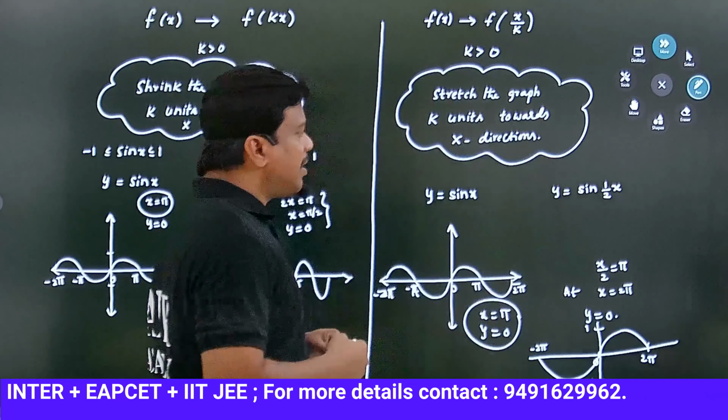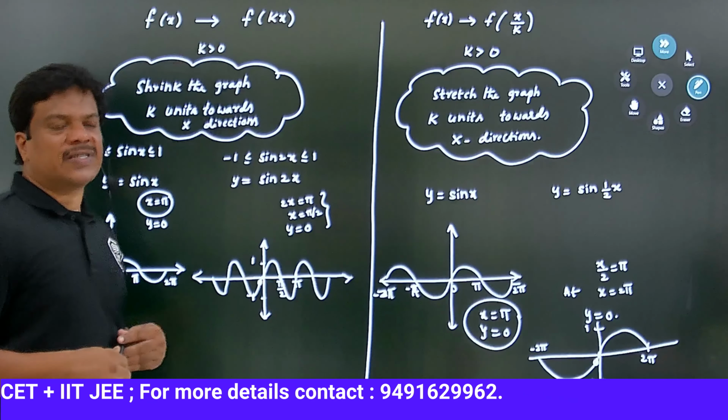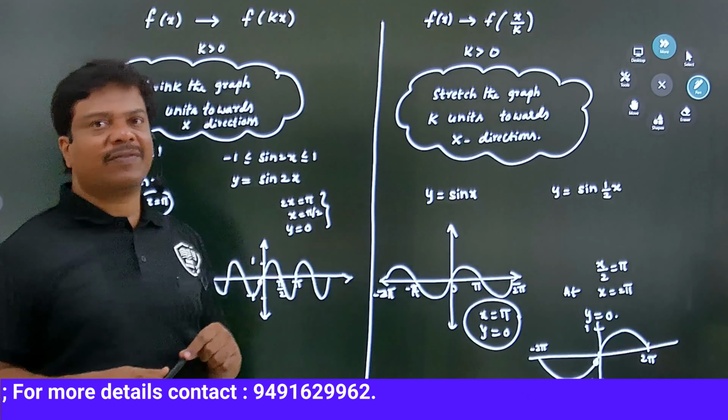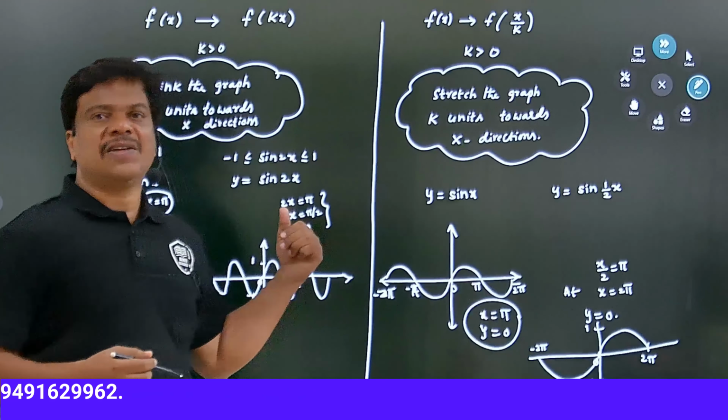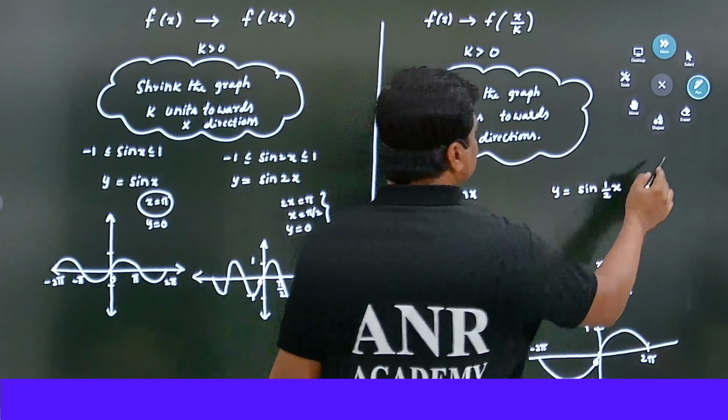So this is the way of transforming f of x to f of kx and f of 1 by k into x. Let us discuss different examples based on this.